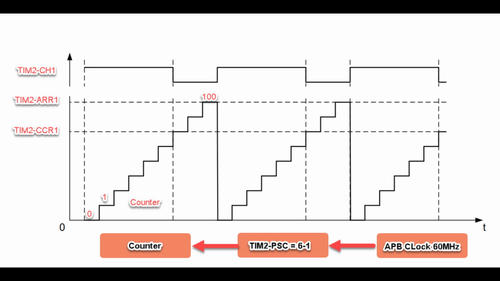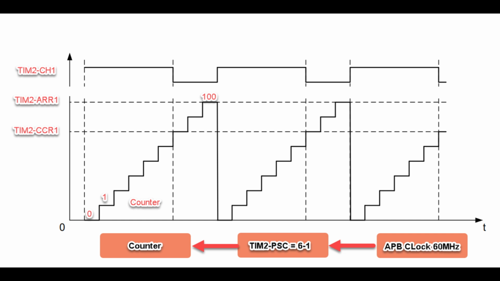So setting this ARR divides the 10 MHz input clock by 100, and that gives us 100 kilohertz. And it also gives us 100 steps in resolution. So the counter will count from 0 up to 100 and then reset down to 0 again and just continue like that.